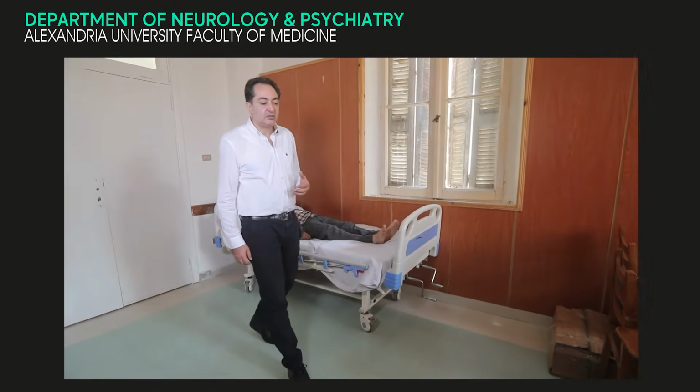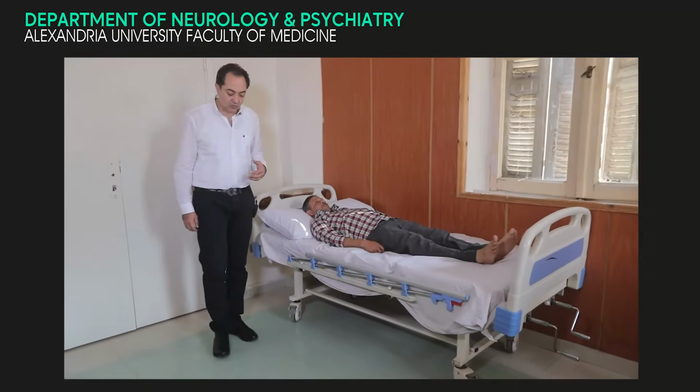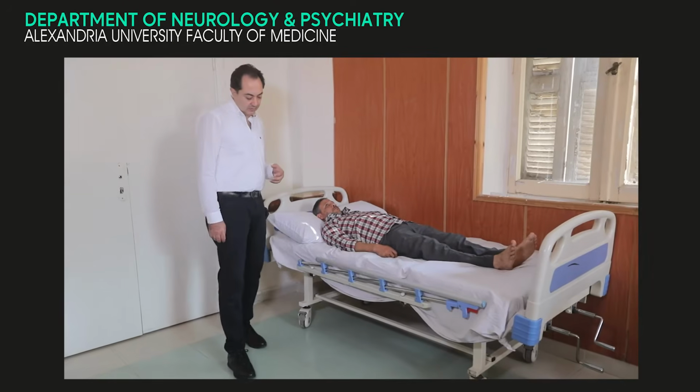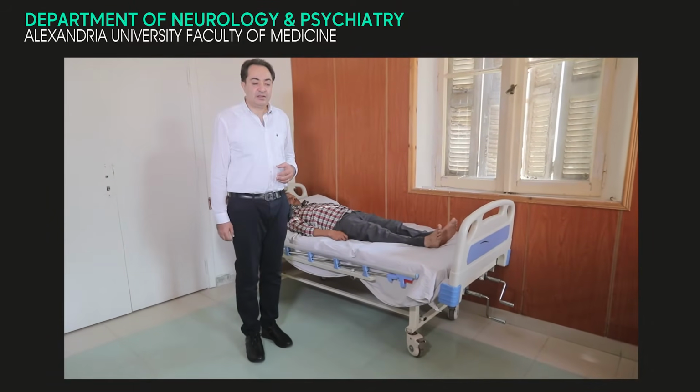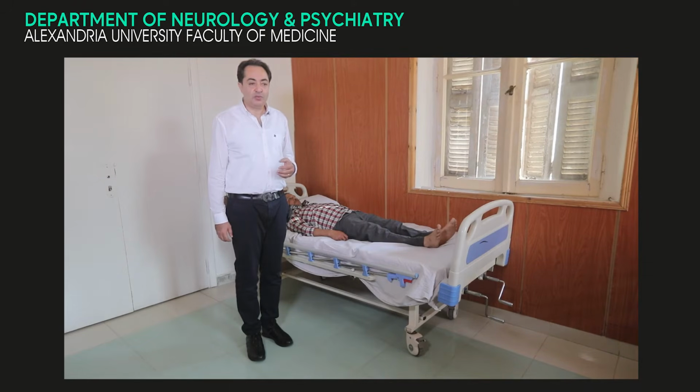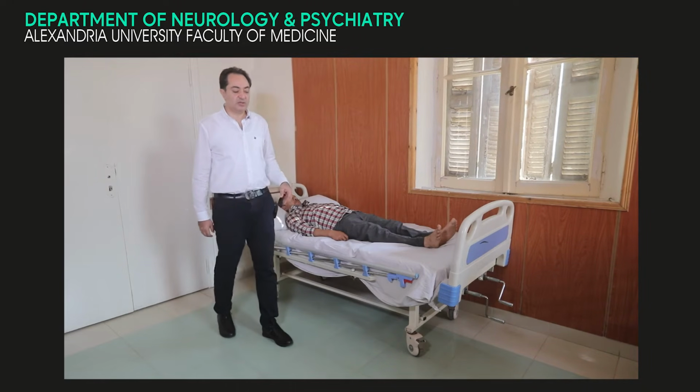This occurs with myopathy, and it's called waddling gait. So if you see a patient walking like that, it's called waddling gait, and it occurs due to myopathy and proximal muscle weakness.